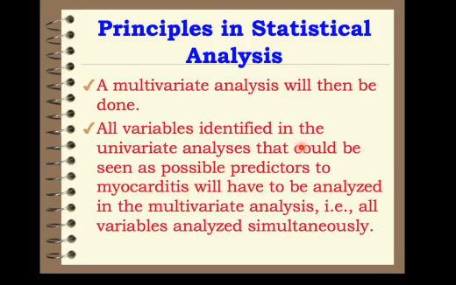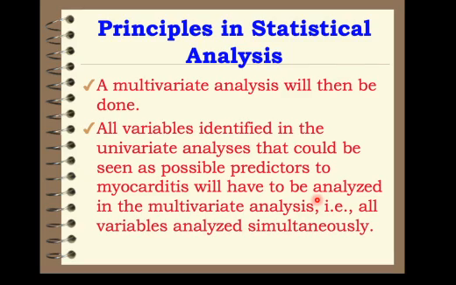Now, all variables identified in the univariate analysis that could be seen as possible predictors of myocarditis will have to be analyzed in the multivariate analysis, this time all variables analyzed simultaneously.